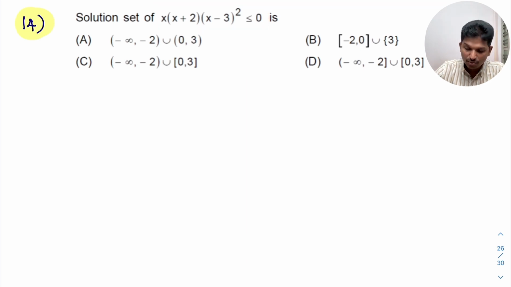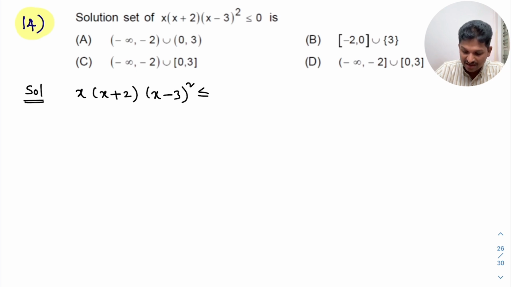Okay. So, what I'll do here, first I'll write what is the given inequality. X into x plus 2 into x minus 3 whole square is less than or equal to 0. If you observe this, these are all linear factors. So, no need of any simplification further. Linear factors, correct?